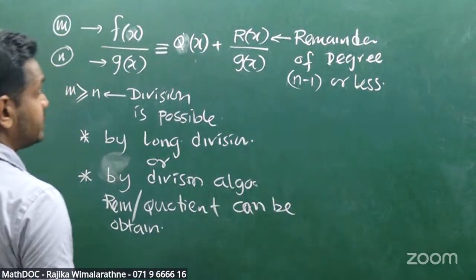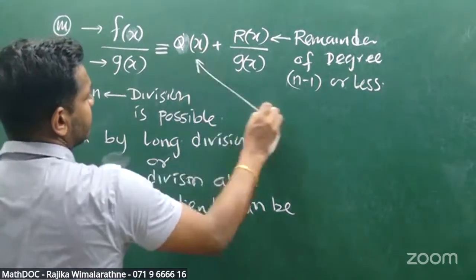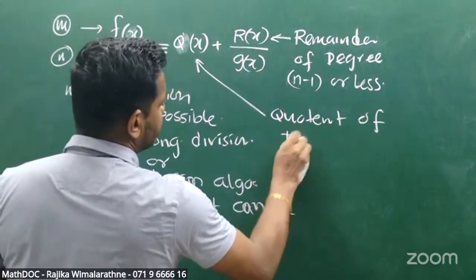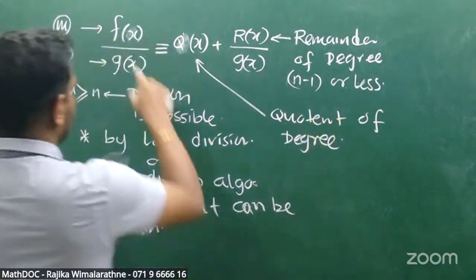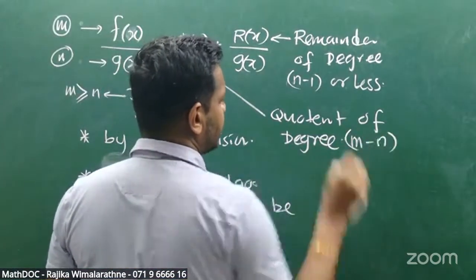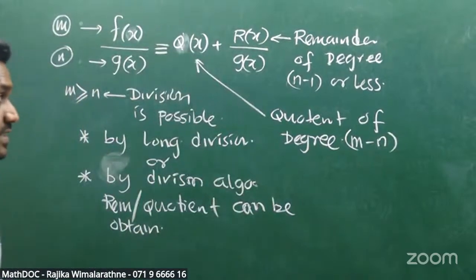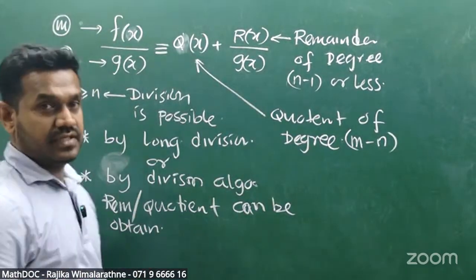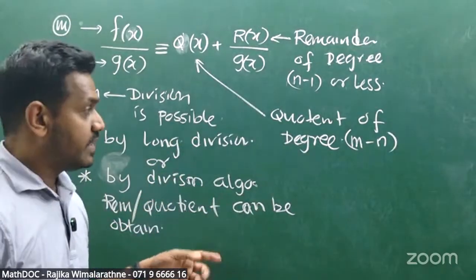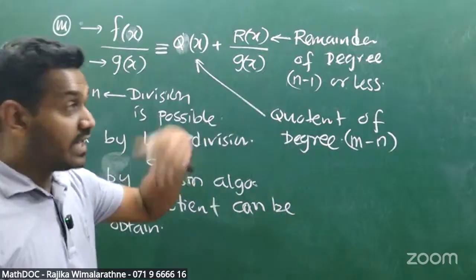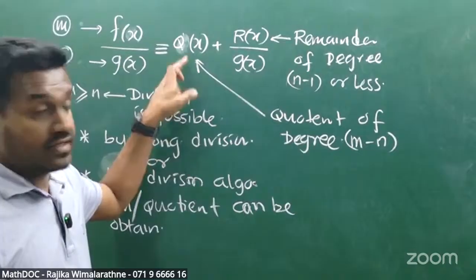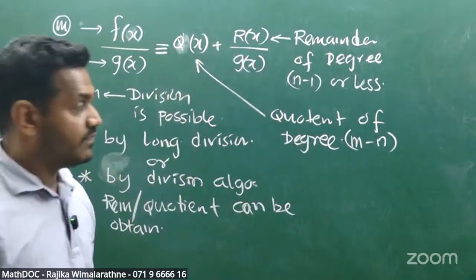The quotient has degree m minus n. Okay, this is the thing. So by this relation you write the division algorithm. According to degree, you write the corresponding polynomial for the remainder and quotient. For remainder and quotient, you can write a polynomial.